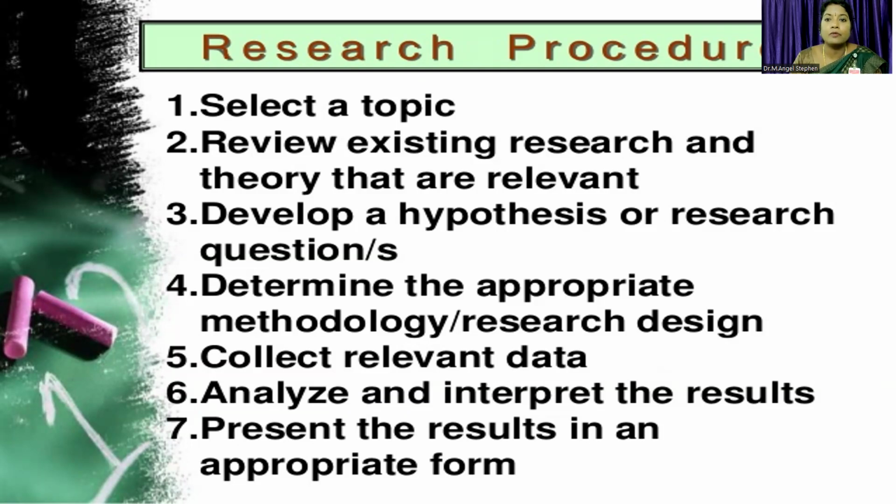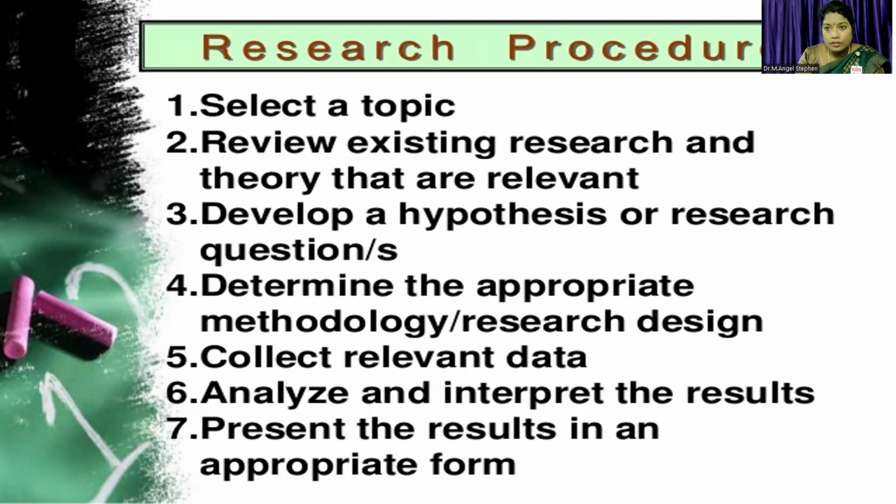Next one is a review of existing research and the theory that are relevant to the particular topic. When you choose a topic, you have to go for the different reviews. That is, the previous researchers have found out something and they would have published in journals, books, and other government websites.